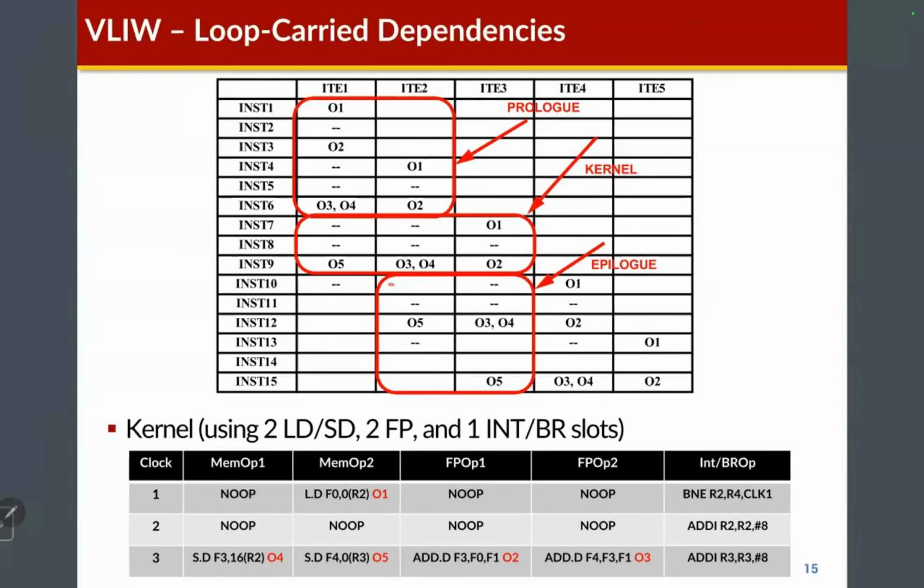So this is another disadvantage of VLIW. Loop unrolling is the main feature of compiler optimization, but it cannot be applied to all types of loops. If the loop carried dependency is observed, then loop unrolling is restricted, and we need to generate the kernel of the software pipelining based on the loop carried dependency.